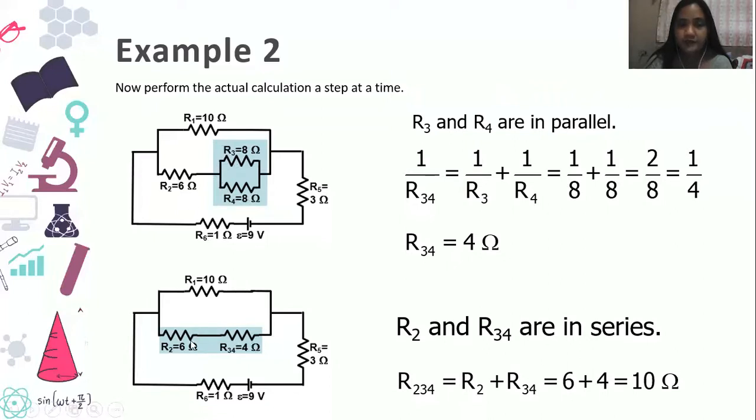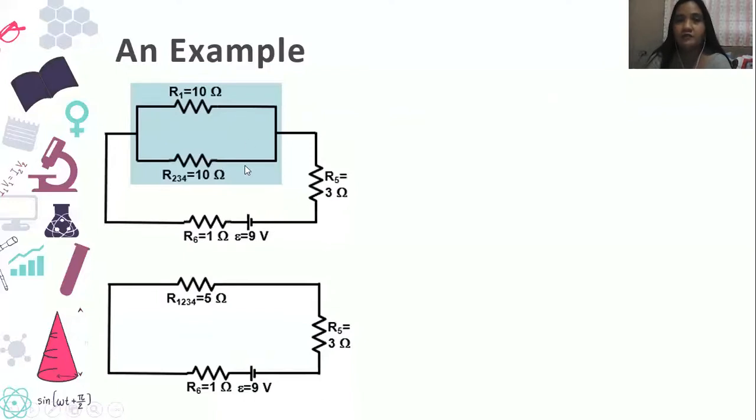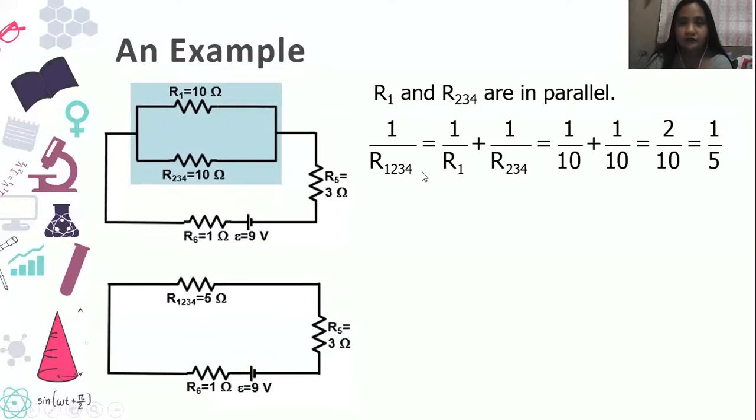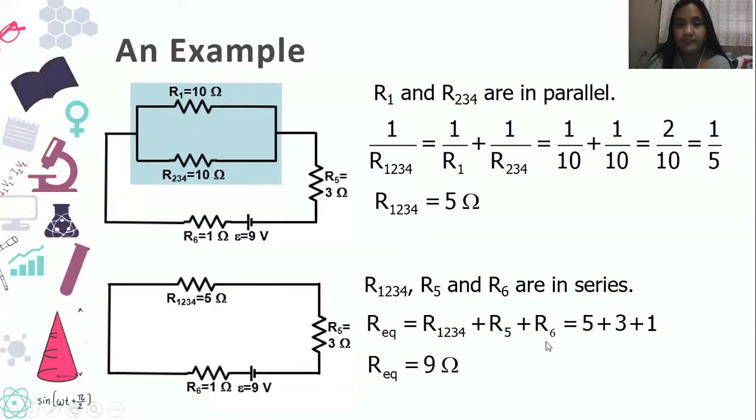That's 4 plus 6. That's now 10 ohms. Eventually, we go to a 10 ohm parallel combination. So that will be 1 over 10 plus 1 over 10, and then get the inverse. That's actually 5 ohms. And for the final circuit, you get a 5 ohms. This is R1, 2, 3, 4 plus 3 ohms plus 1 ohm. And that will be 9 ohms.